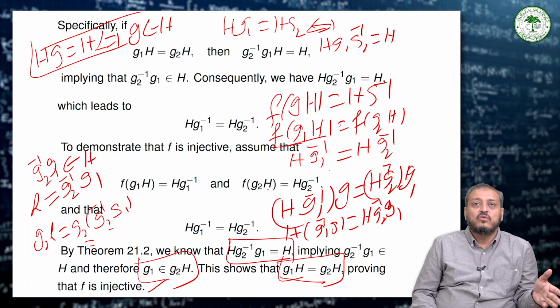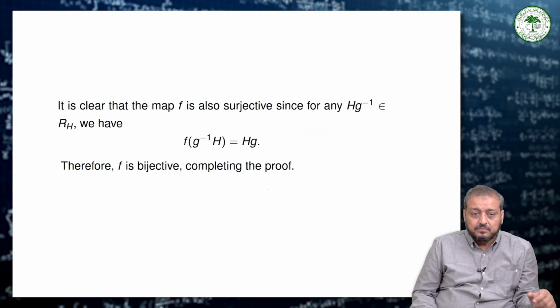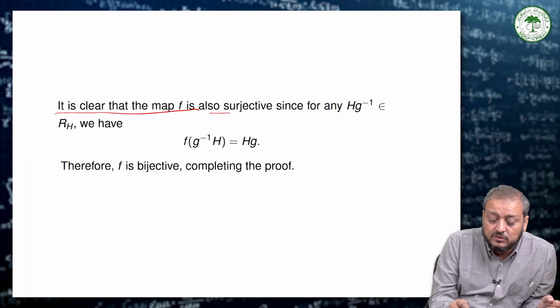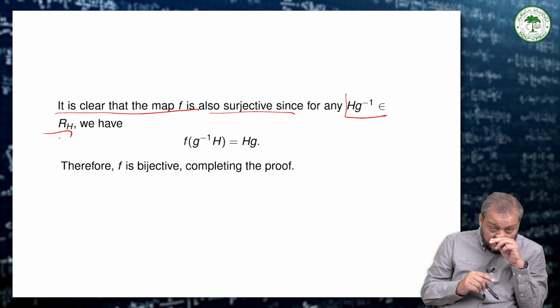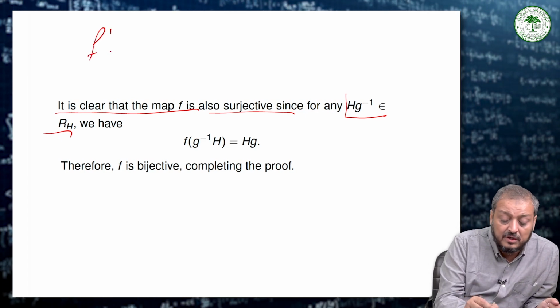Now finally we have to show that this map defined is surjective. It is clear that the map f is also surjective, since Hg inverse is an element of a right coset.